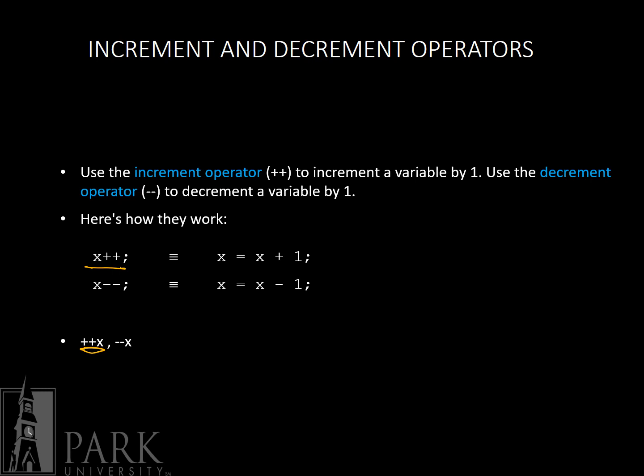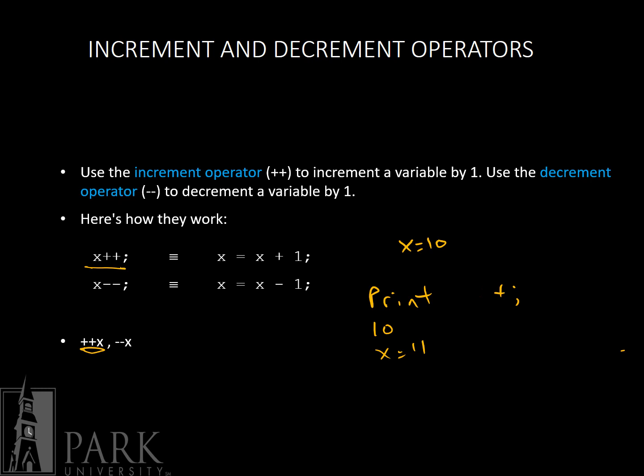Well, if you have print x plus plus, and this is just pseudocode, this isn't actual proper syntax. If x equals 10, it's going to print 10 and then increment x to be 11. Okay?